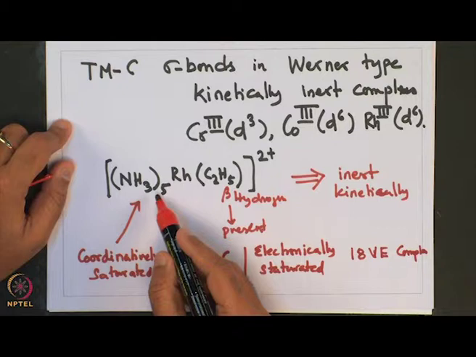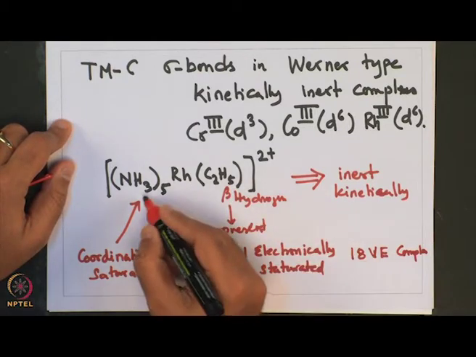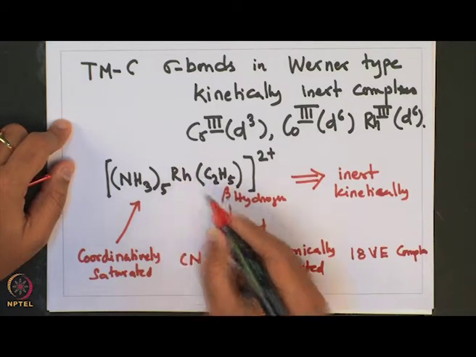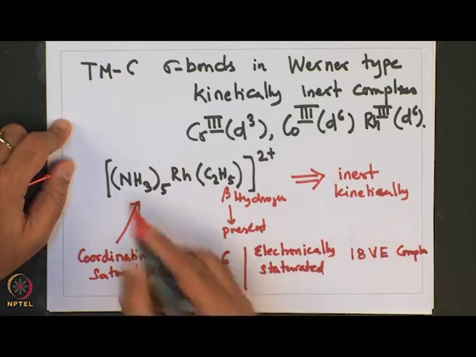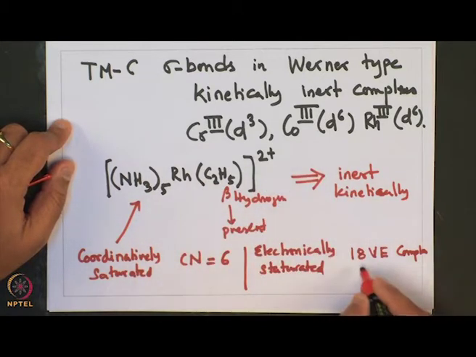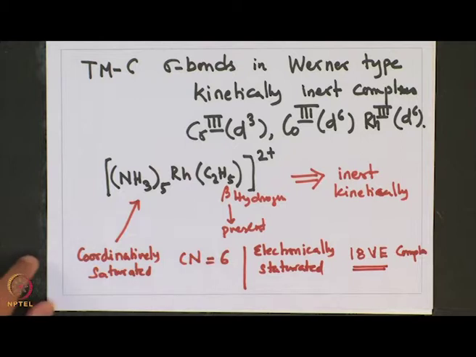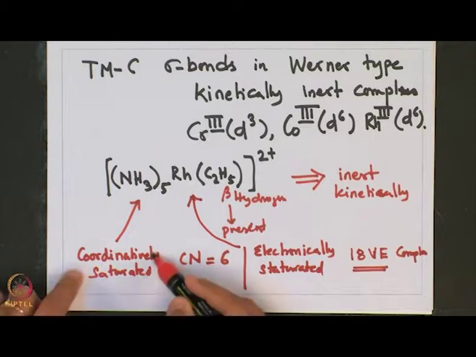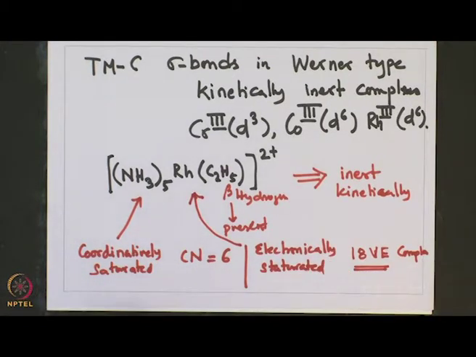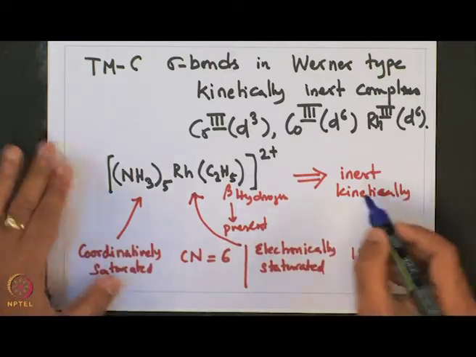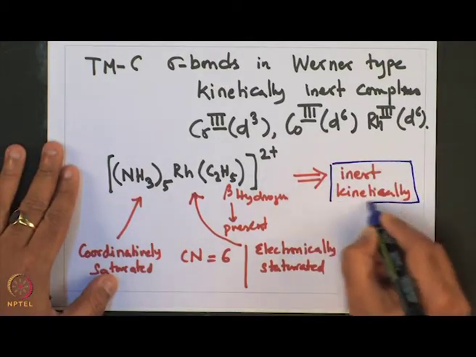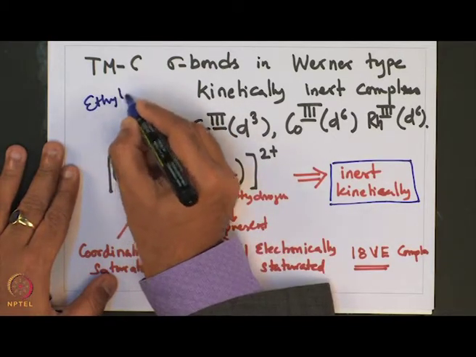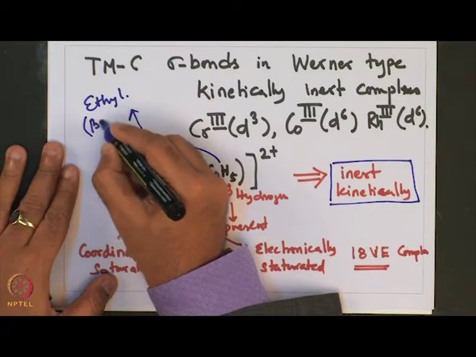The 18 comes from 10 from the amines plus 1 is 11, and rhodium in a neutral state is 9, 11 plus 9 is 20, and there is a 2 plus charge. So, this is an 18 valence electron complex. So, this complex, being both electronically and coordinatively saturated, is overall kinetically inert despite having an ethyl moiety which has beta hydrogen.